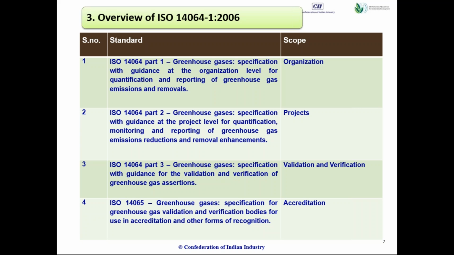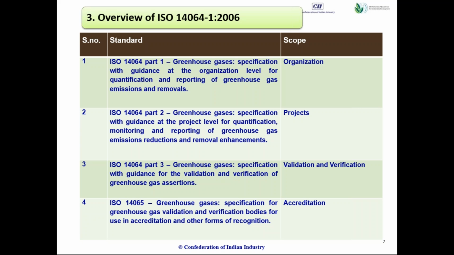ISO 14064 part 3 is regarding validation and verification. There are validation and verification bodies, third party bodies who will come and verify your GHG emissions. Now these bodies also need to have some criteria based on which they will validate and verify. That criteria is specified in ISO 14064 part 3.